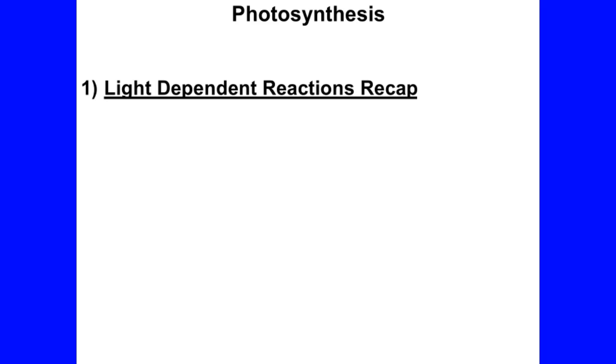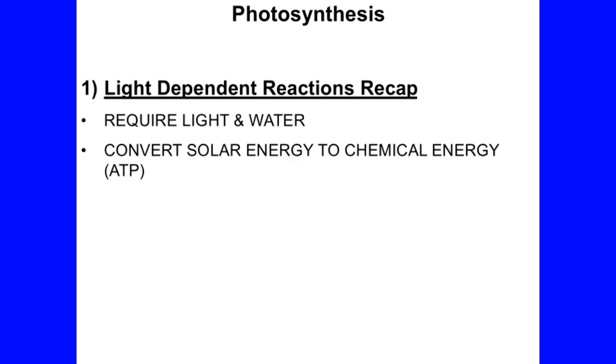So what we just went over was the light-dependent reaction alone. If you can recall, what does the light-dependent reaction require? Well, it does require light energy and also water. The light-dependent reaction is going to be converting our solar energy, remember our light coming in as photons, into chemical energy or ATP. Where does it take place?